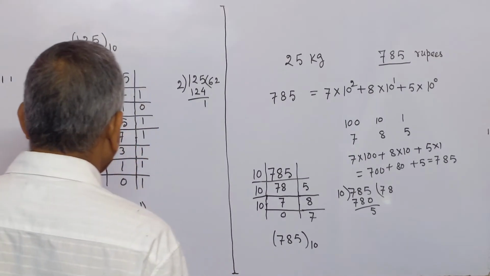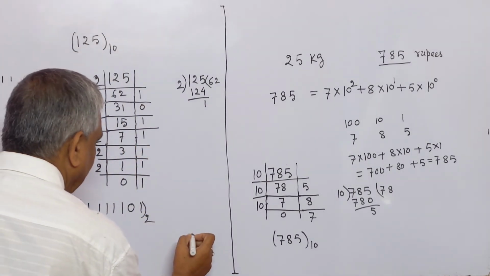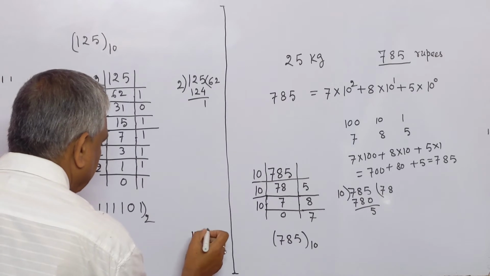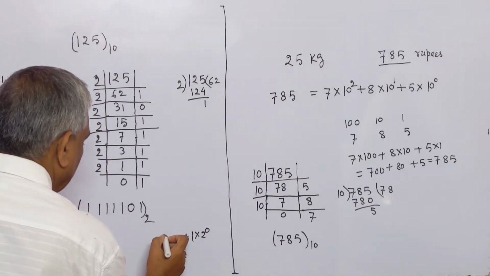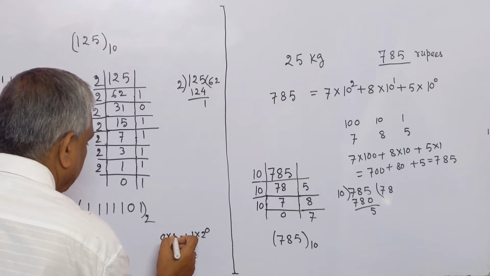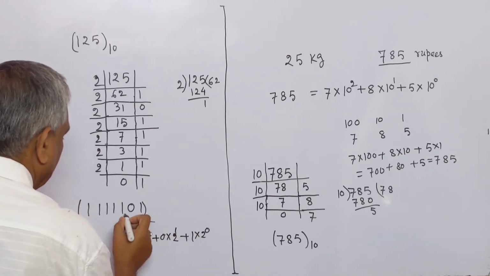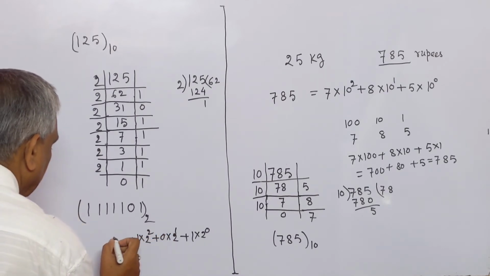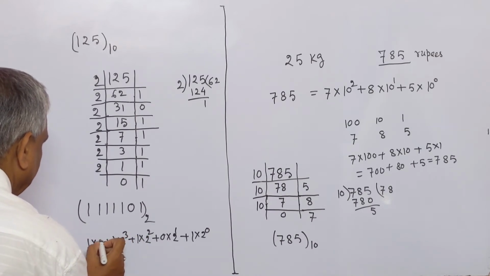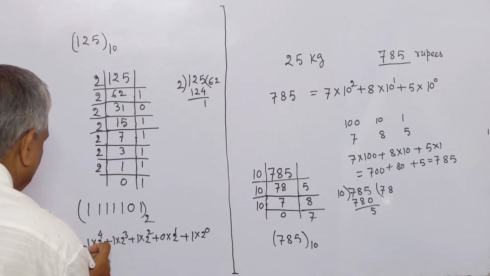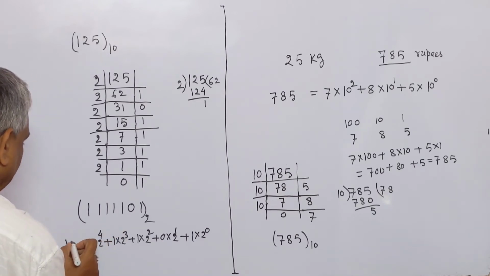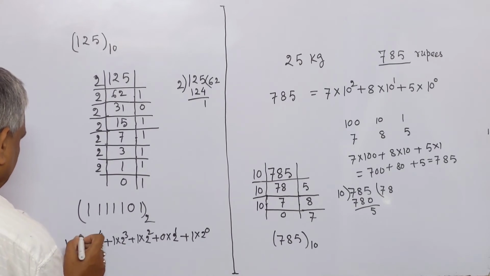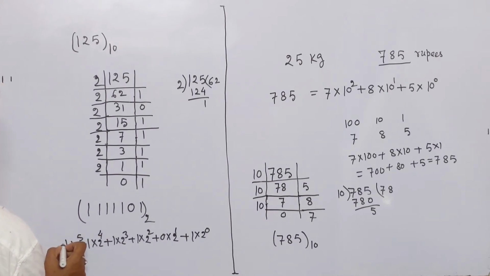Similar to this, we get here 1 multiply 2 to the power 0 plus 0 multiply 2 to the power 1 plus 1 multiply 2 to the power 2 plus 1 multiply 2 to the power 3 plus 1 multiply 2 to the power 4 plus 1 multiply 2 to the power 5 plus 1 multiply 2 to the power 6.